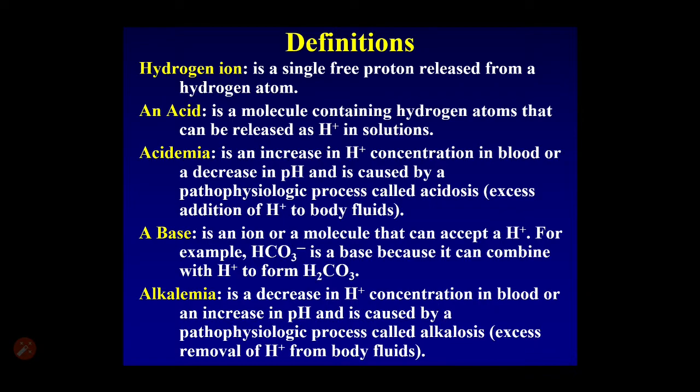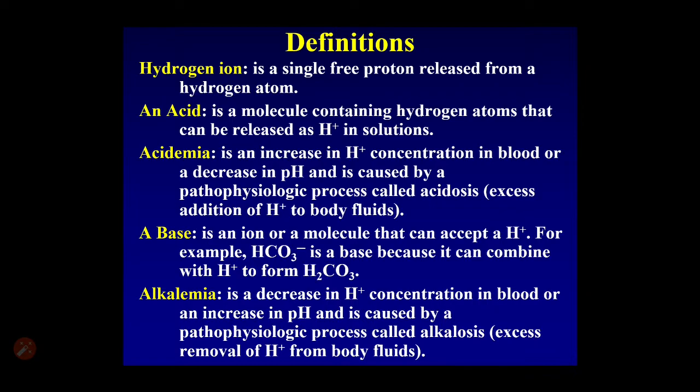Okay, some of these definitions you know, but we want to at least go over them for the people who don't know. And again, I sympathize with people who don't know a lot of chemistry because I'm one of them. Okay, so hydrogen ion, this is a single free proton that is released from a hydrogen atom, H+, that's it.